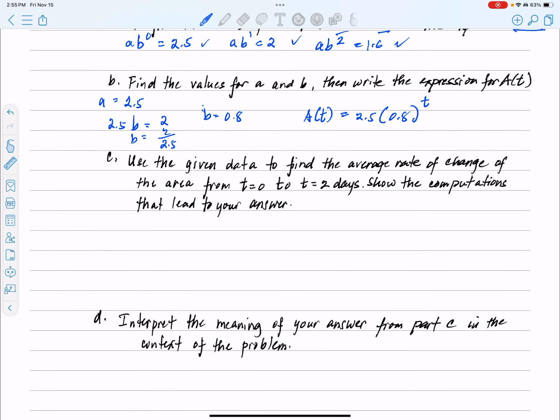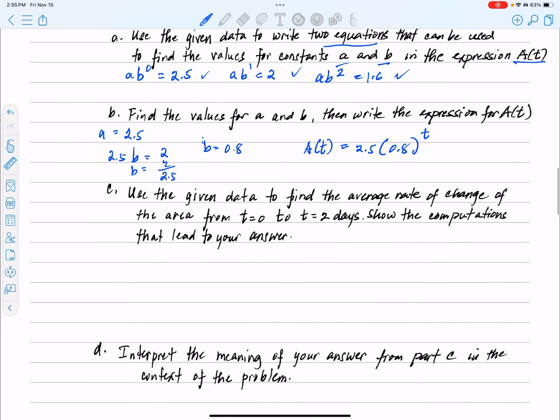Use the given data to find the average rate of change of the area from t equals 0 to t equals 2 days. Show the computation that led to your answer. Since there are two times here, t equals 0 and t equals 2, we can use the change in area with respect to the change in number of days.